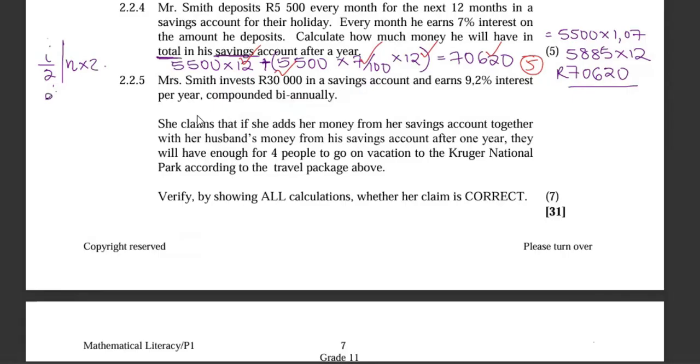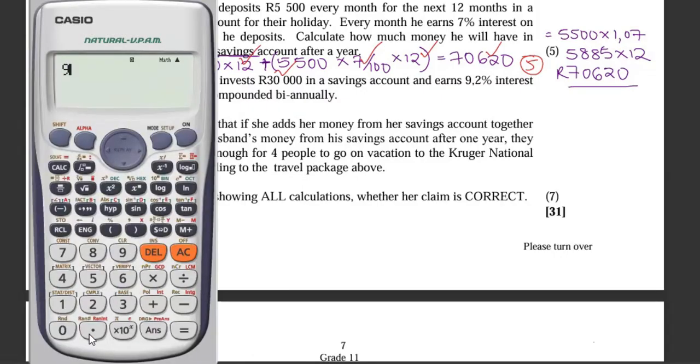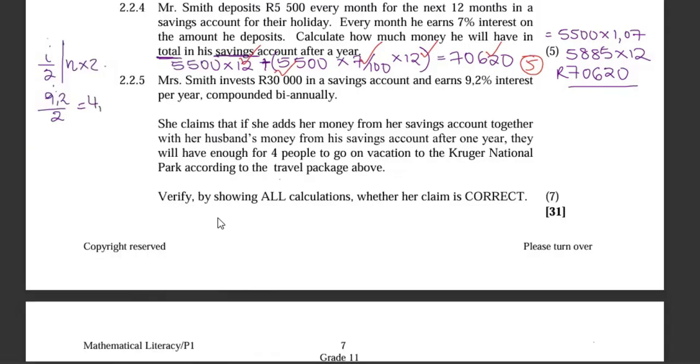So the interest is 9.2 divided by 2. I have an answer here as 4.6. Right? So the period is 1 year, that means it will be twice. Okay, so I have this now.